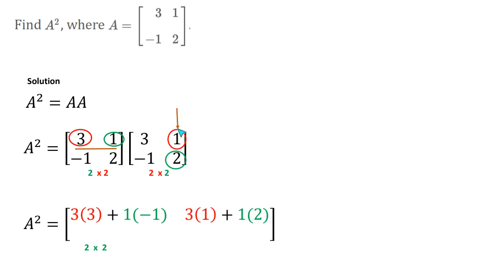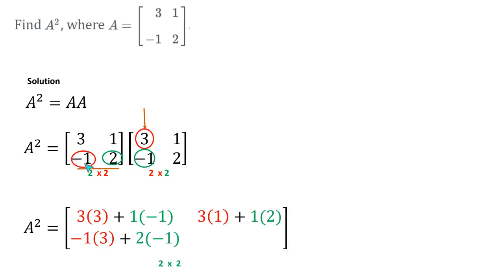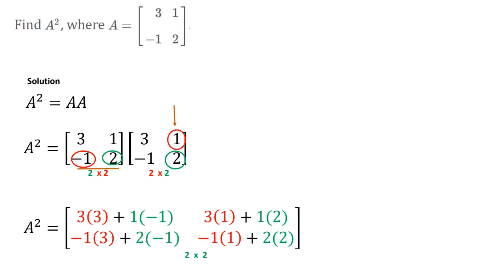So I have my arrow pointing. So it's going to be 3 times 1 plus 1 times 2, and that's going to go here. There's no more columns, so now I can go to my next row and do the same, -1 times 3 and 2 times -1. Then we go to the next column, -1 times 1 and 2 times 2.